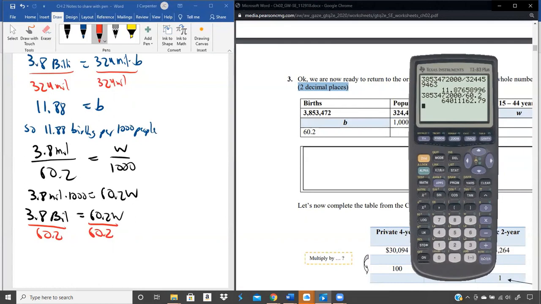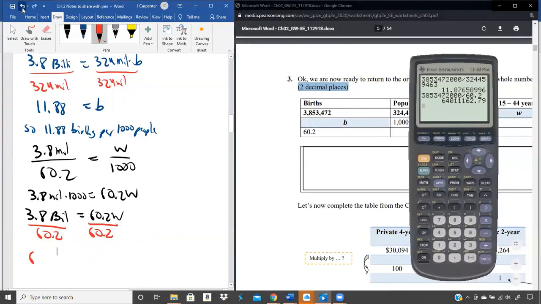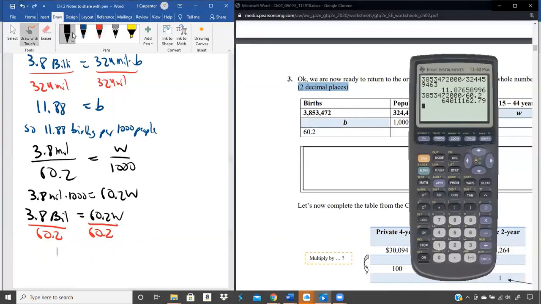Now, they said to round to the nearest 2 decimal places, so that says that W is equal to 6401162.79. Actually, our calculator, because it can only handle so many digits, went ahead and rounded it to 2 decimal places for us. But what exactly is this? This is women of birthing age.